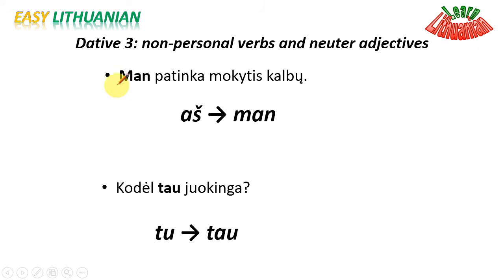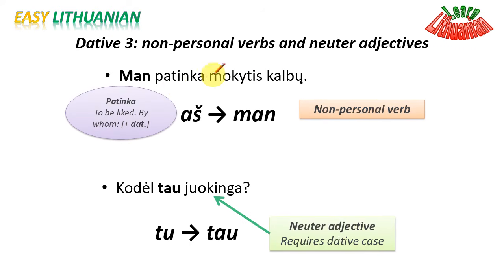Man patinka, for me it is liked, literally. Again, you may not like those literal translations since they do not sound correct in English, but you have to understand how the verbs work in Lithuanian. So man patinka, for me it is liked. So man, the dative case, aš turns to man.